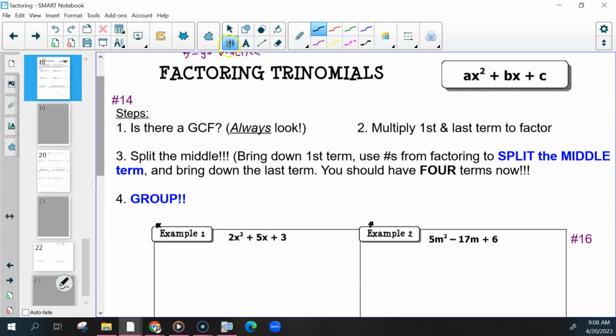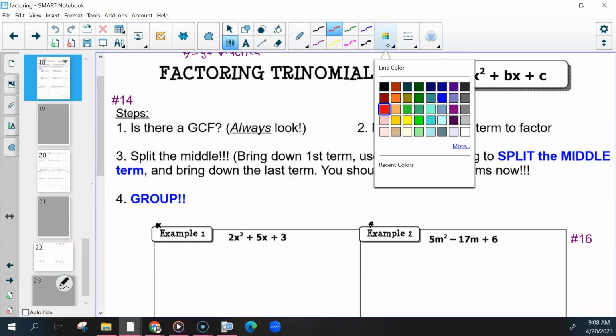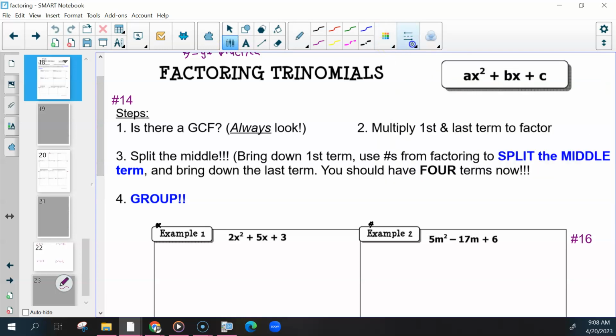So I'm going to talk through the steps, and then we'll actually do some of these. So always look and see, does it have a GCF first? Because if you don't, you could end up with really big numbers instead of smaller ones that you can easily do. Even if the GCF is 1, at least you looked for it.